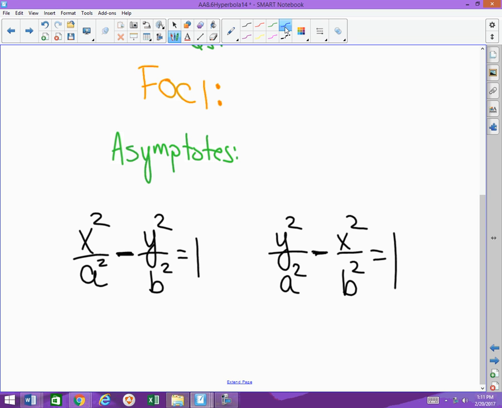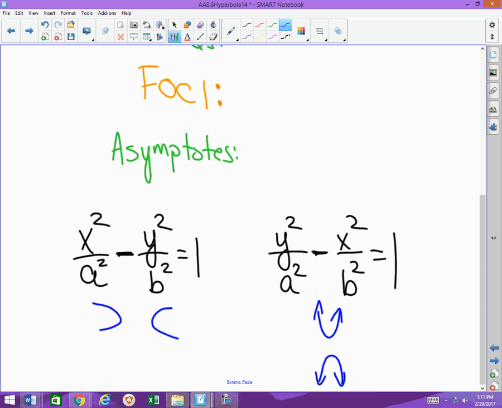Now, which is which? Well, x squared over a squared and y squared over a squared. So this one, because it's x squared first, it's a left and right hyperbola, whereas when y squared is first, it's an up and down hyperbola. And I shouldn't say if it's first.